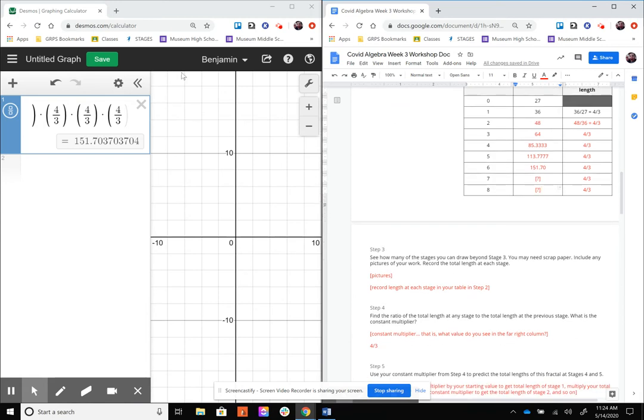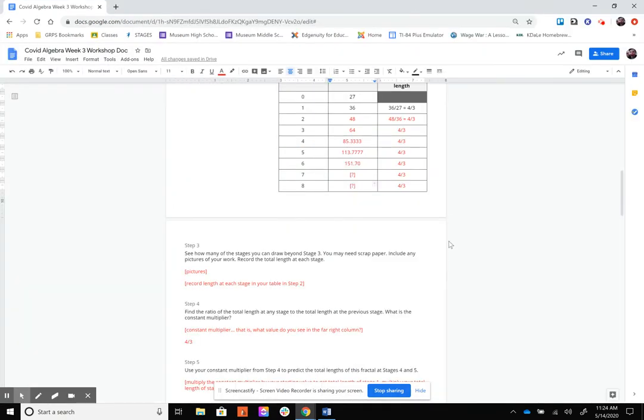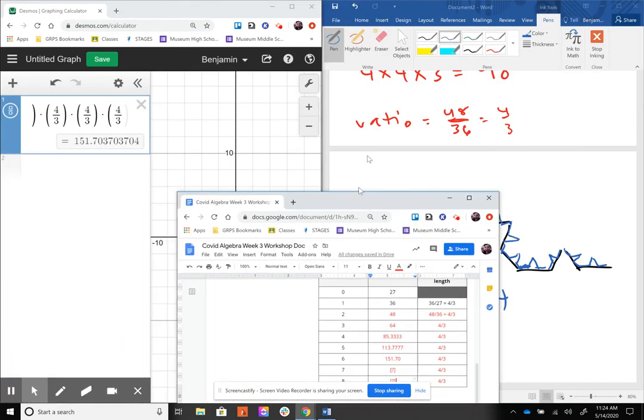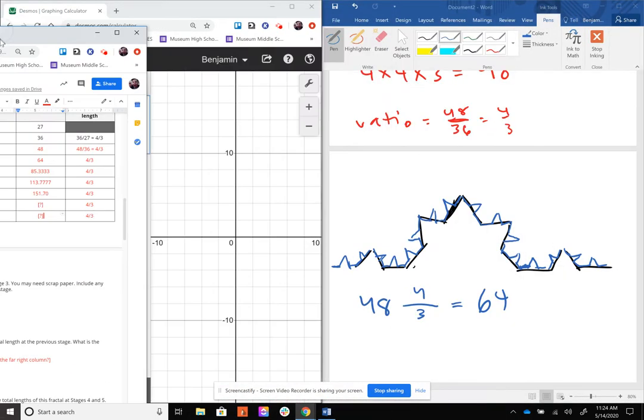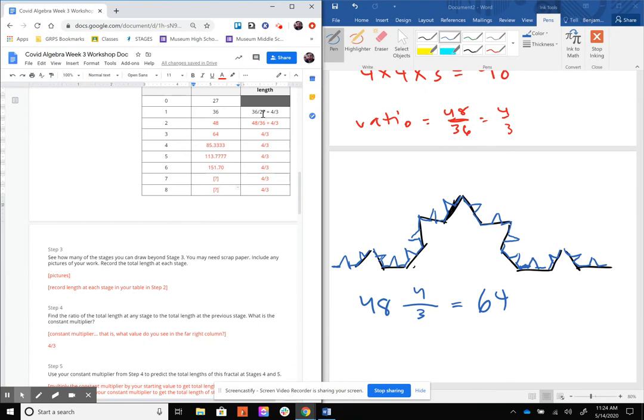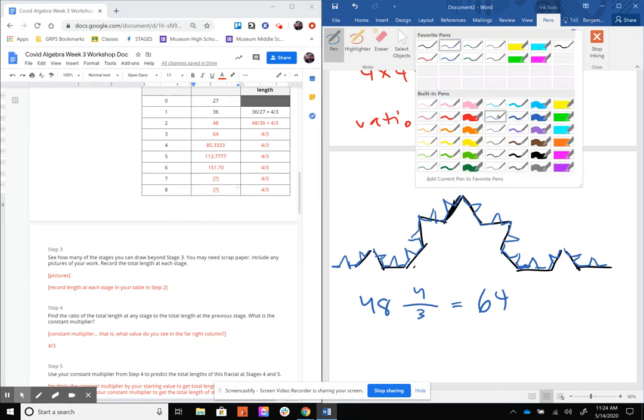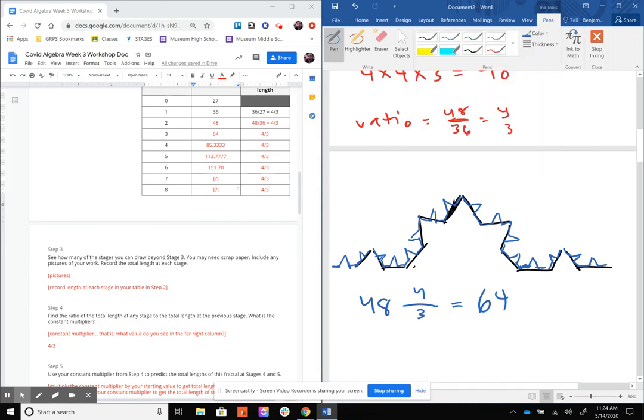So let's jump onto some of these next steps just to work through that. See how many of the stages you can draw. That was more of a see what you can draw. I made it to stage 3. If I was really ambitious, maybe I'd use a bigger piece of paper and try the next step, where these are then lengths of a third.